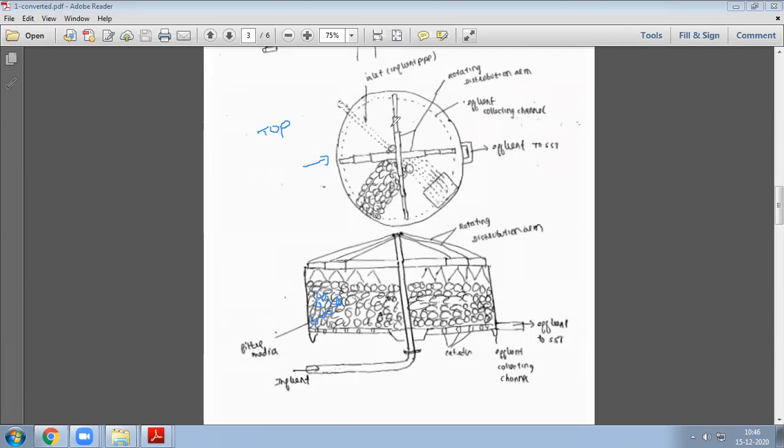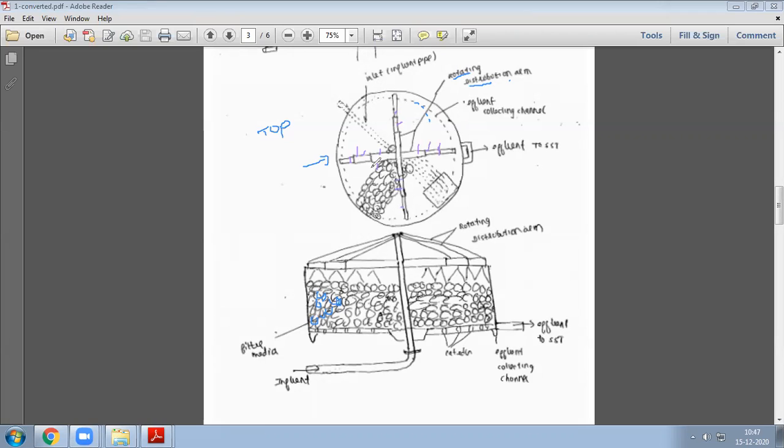See here, these are all rotating distribution arms. Rotating distribution arms means they are rotating here. Four arms will be there, and inside these, some micro nozzles are there, just like drip irrigation or sprinkler irrigation.